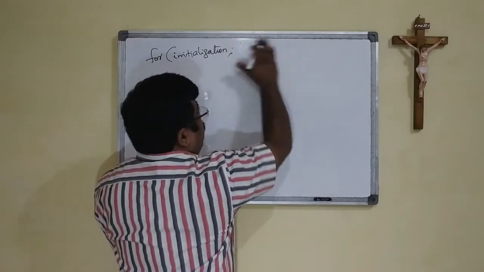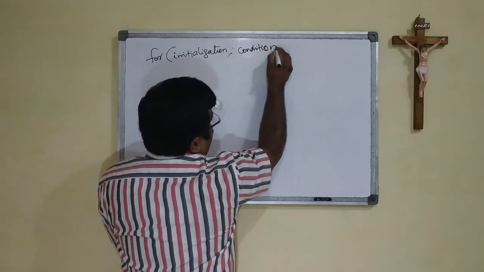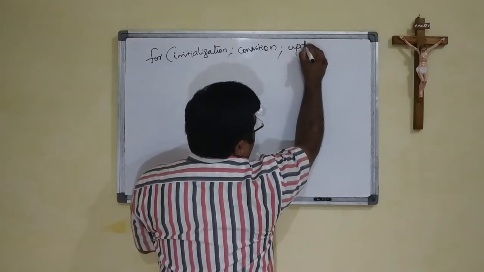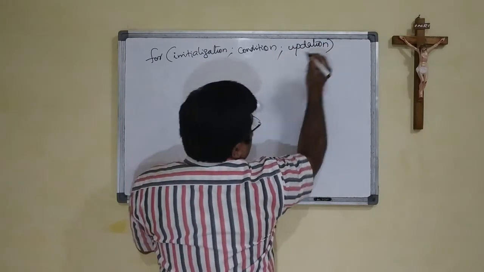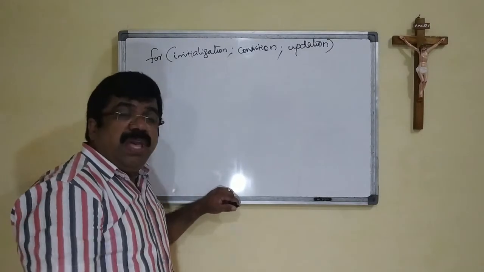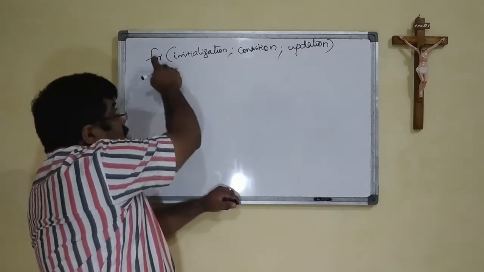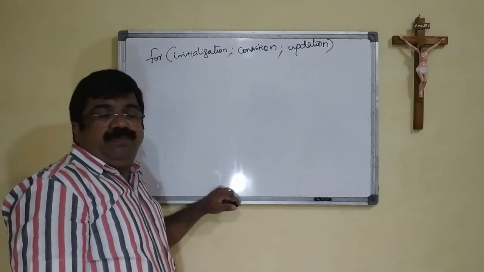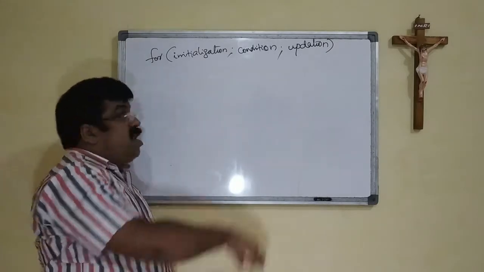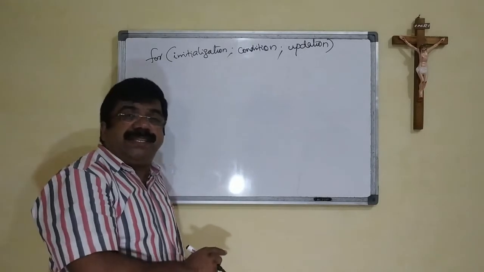We can say condition only here because we are familiar with that word. Initialization, condition, and then the third one is updation. Just now I told you there are four components, four elements for a loop. The first three are written along with the syntax of the for loop. Remember that. The for loop has initialization, condition and updation as part of the syntax.